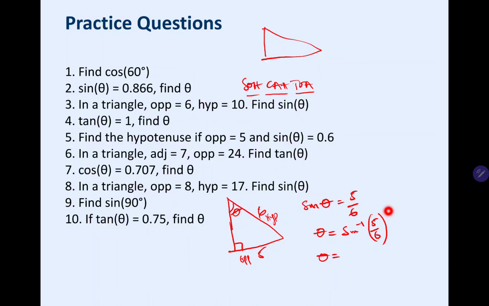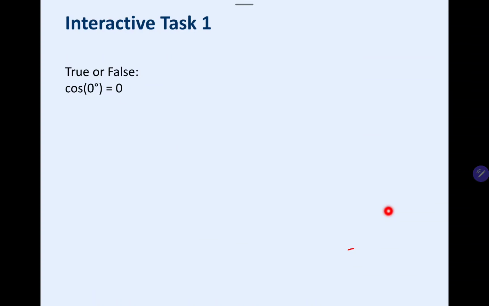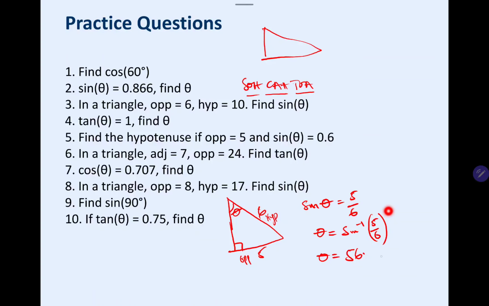So arcsine of 5/6 will give us, always ensure your calculator is in degree mode, 56.44 degrees. So that's the value of theta.